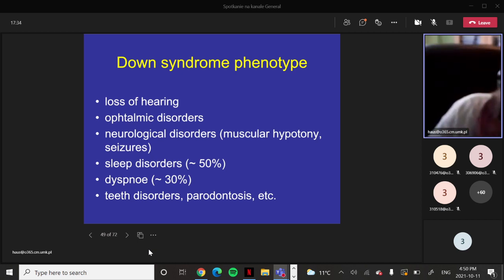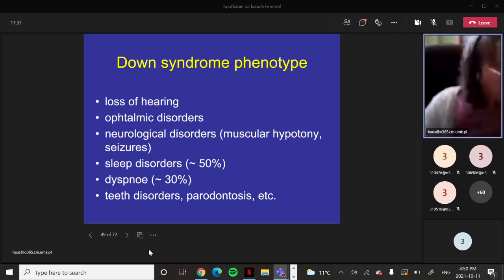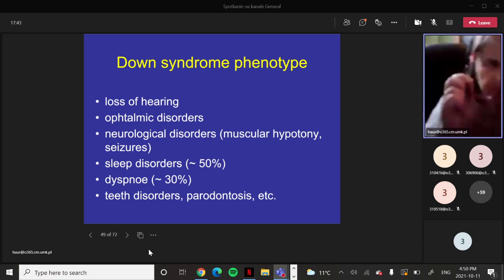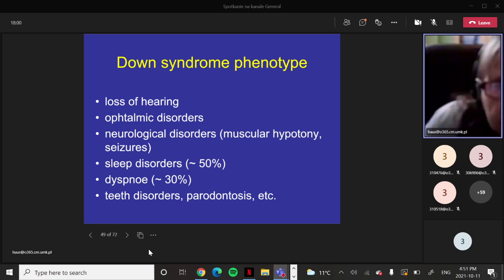And there may be neurological disorders like muscular hypotony and also seizures. And many children have sleep disorders. About 50% of children have sleep disorders. Some of them have dyspnoea, and almost all children with Down syndrome have teeth disorders or parodontosis and so on.